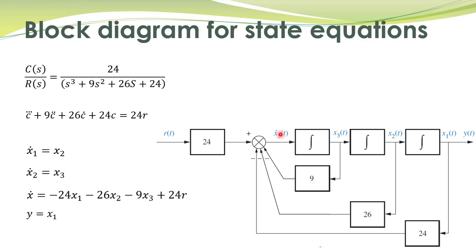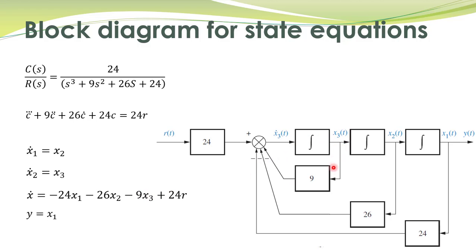So this signal will be x3 dot, and what is x3 dot equal to? x3 dot is given by this here. This subscript 3 is missing, so basically this is x3 dot. x3 dot is given by this expression, that is 24 multiplied by the reference signal, and then minus 9x3.